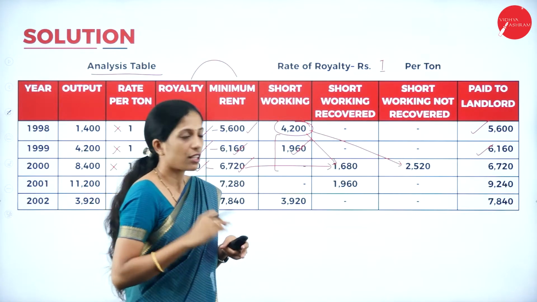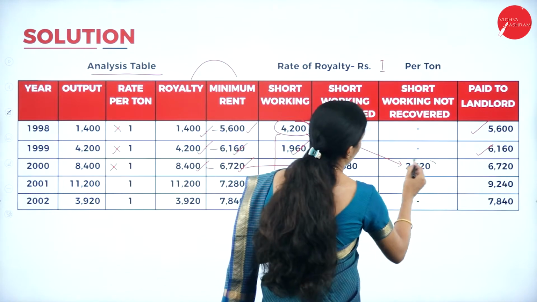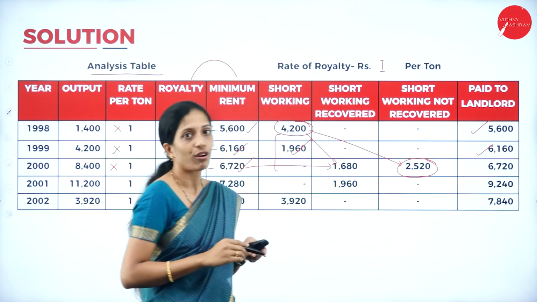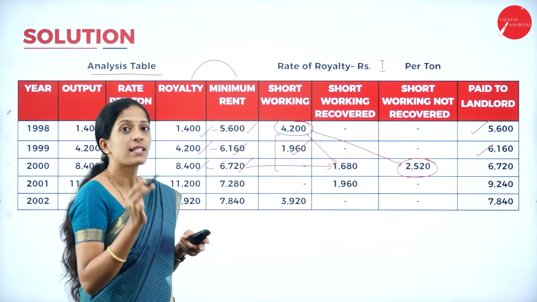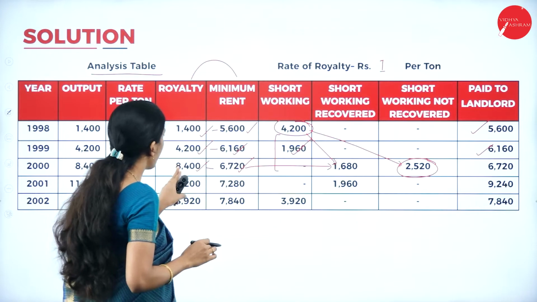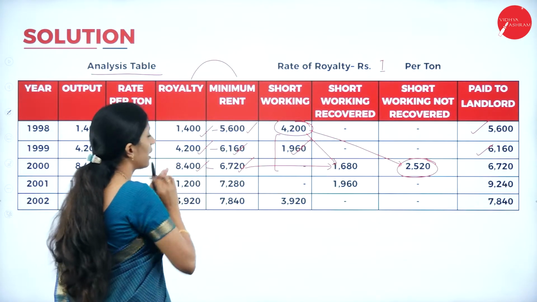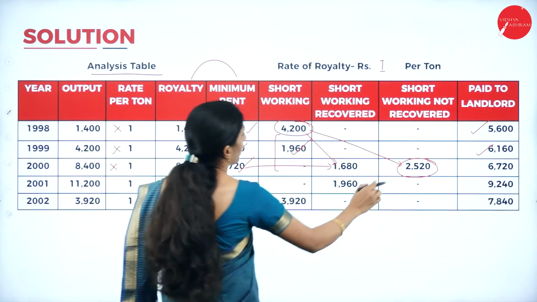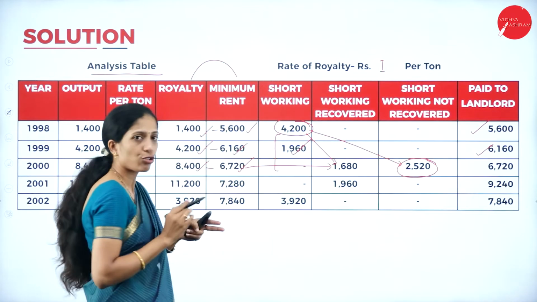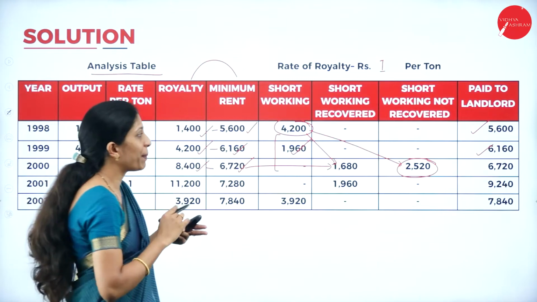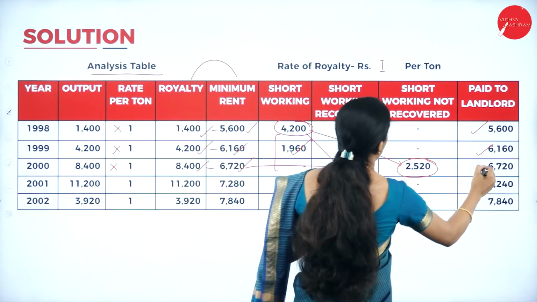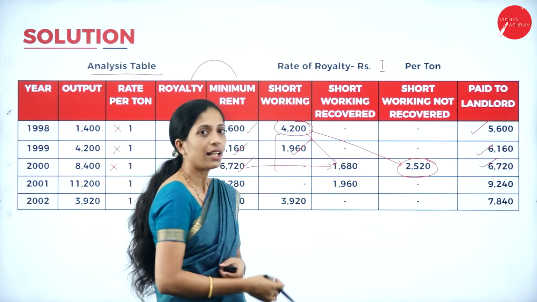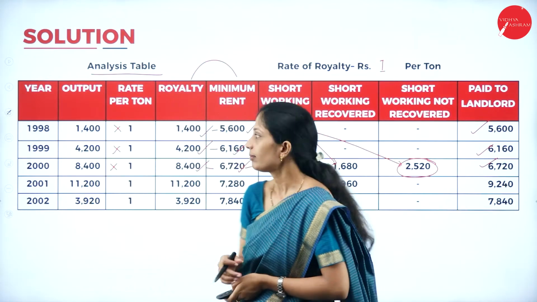So this 2,520 will be transferred to profit and loss account. Now what is the amount paid to landlord? You have a royalty. Which one is greater? Royalty is greater, 8,400, out of which you recover 2,520 short workings. The remaining will be paid to landlord, that is 6,720. Okay, so hope you are clear.